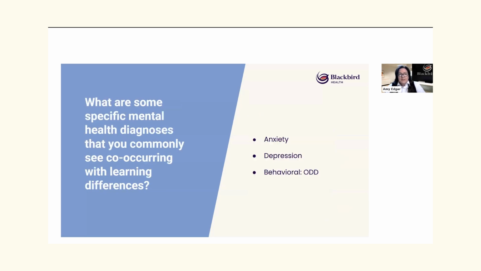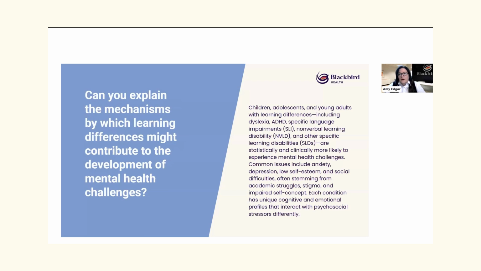Some of the specific mental health diagnoses that commonly co-occur are anxiety, depression, and behavioral symptoms, commonly referred to as oppositional defiant disorder. These are the top three, both in the literature and in what we see in clinical practice. Why that matters is in looking at the mechanisms by which learning differences can contribute to the development of mental health challenges.